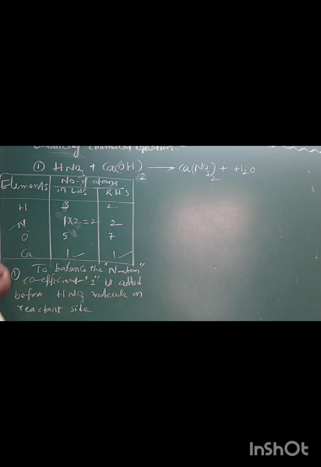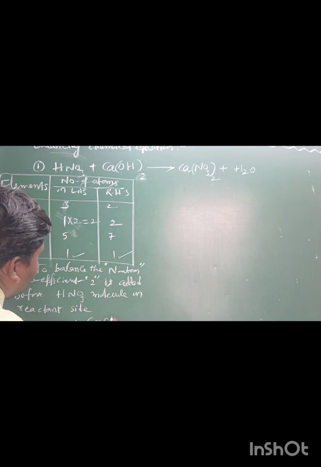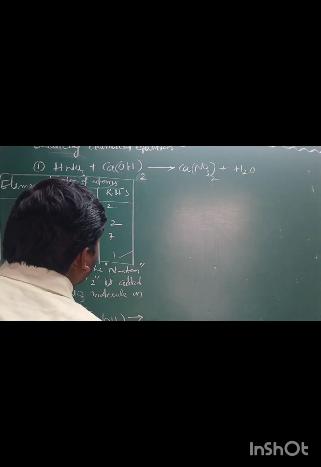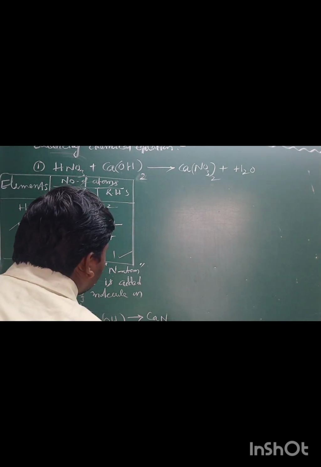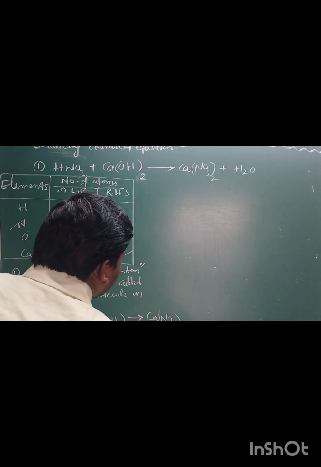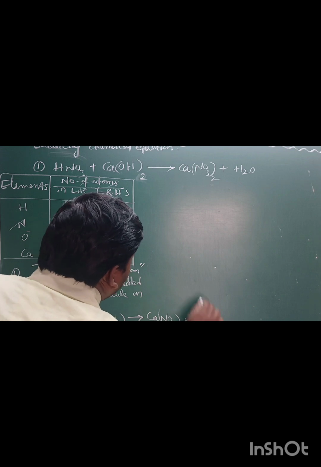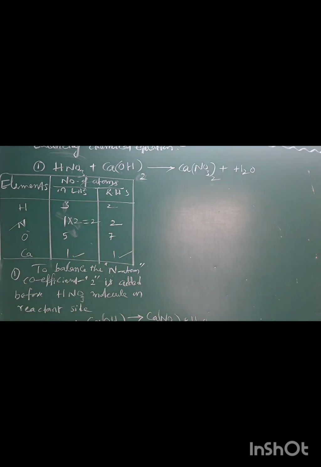That's why, what is the reaction here? 2HNO3 plus Ca(OH) taken twice gives rise to Ca(NO3) taken twice plus H2O. This is the first step.